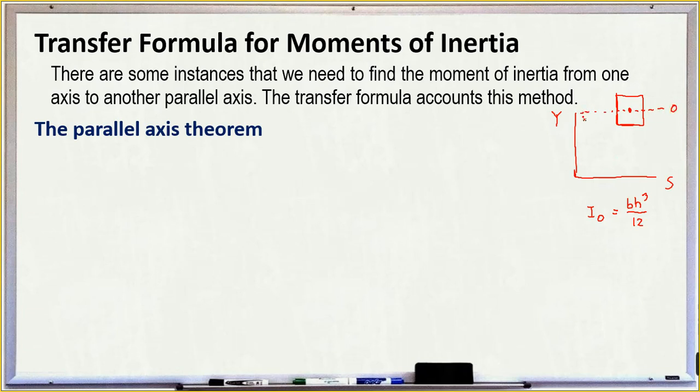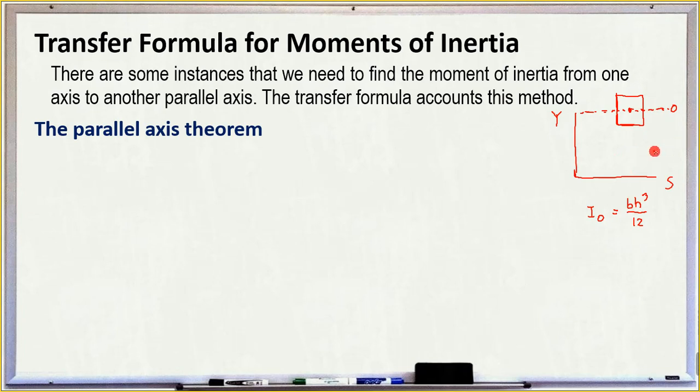So there are some cases where we need to find the moment of inertia of this rectangle on another axis, given that that axis should be parallel to the given axis. So we can only use this transfer formula if the other axis is parallel to the given axis.